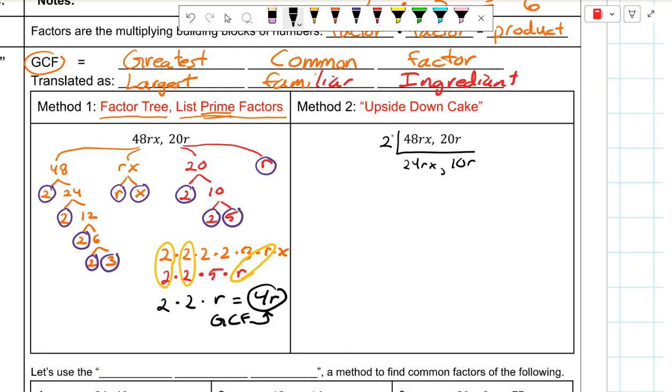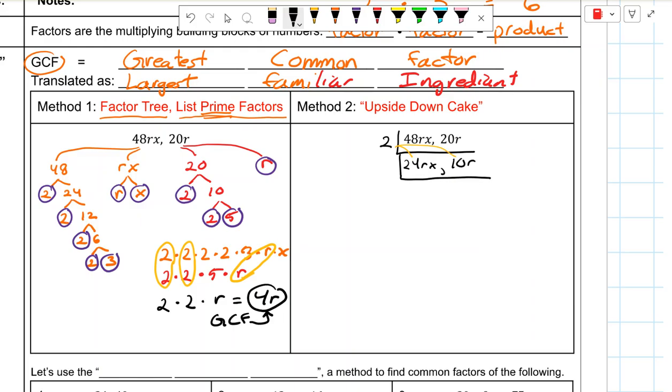Or you could say that 2 times 24Rx is 48Rx, or 2 times 10R is 20R. That would be the distributive property going back up. Okay, so now when we're down to 24Rx and 10R, we go ahead and draw another upside down cake.